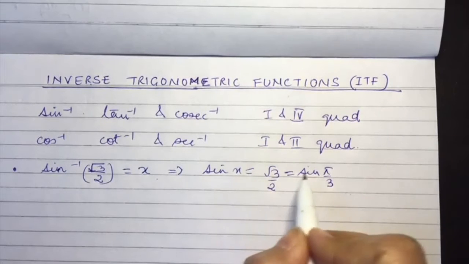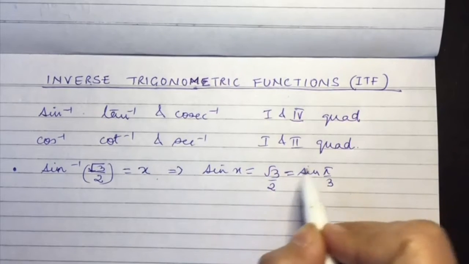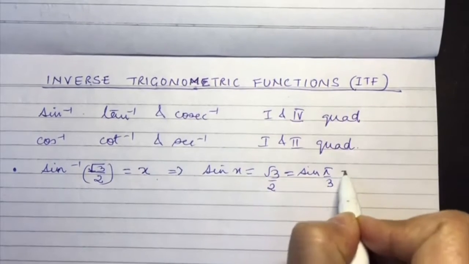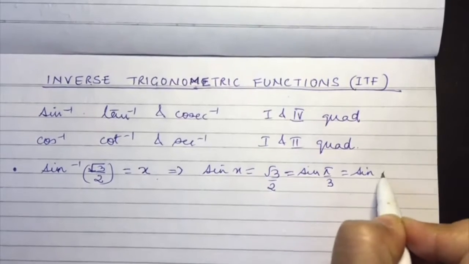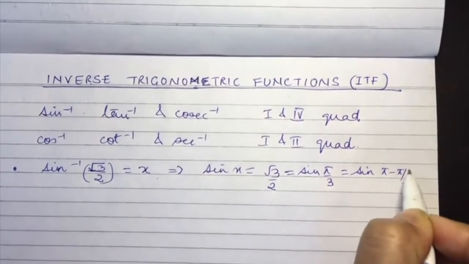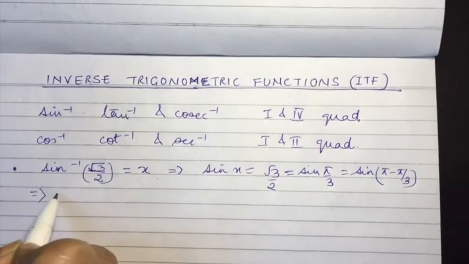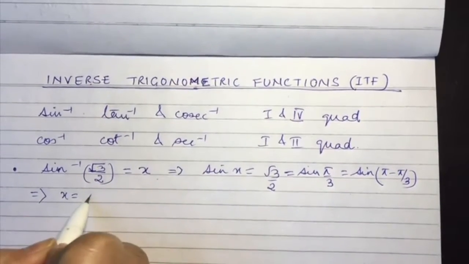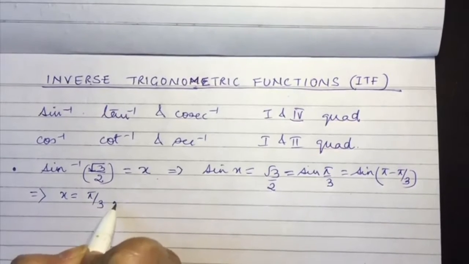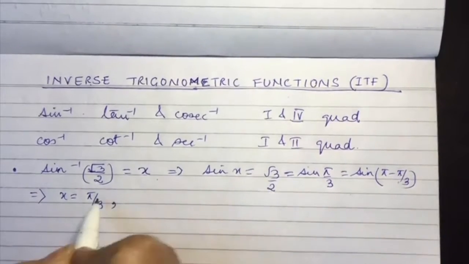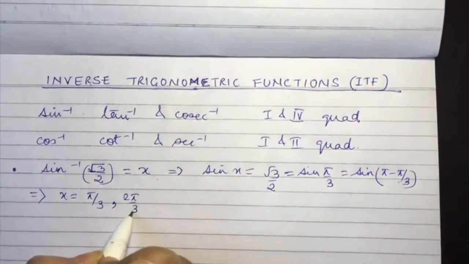Again, sine is also positive in the second quadrant, so we will also write it as pi minus pi by 3. So comparing, we get x is equal to pi by 3, and from here you get 2 pi by 3.